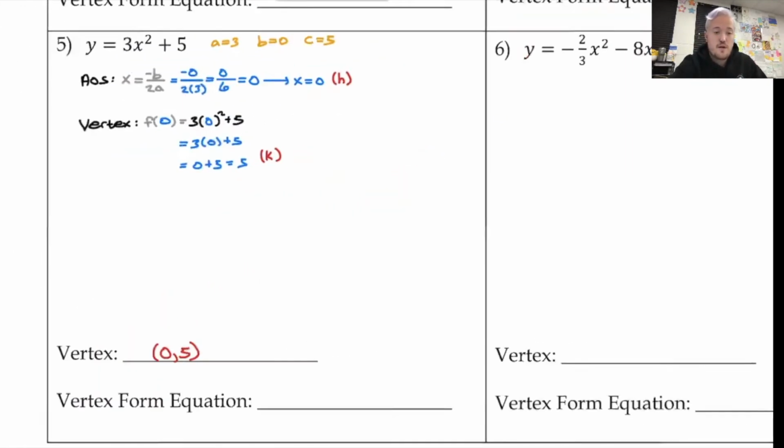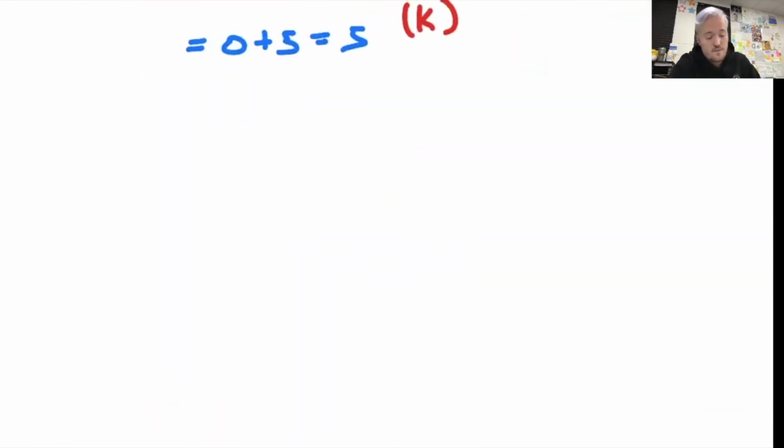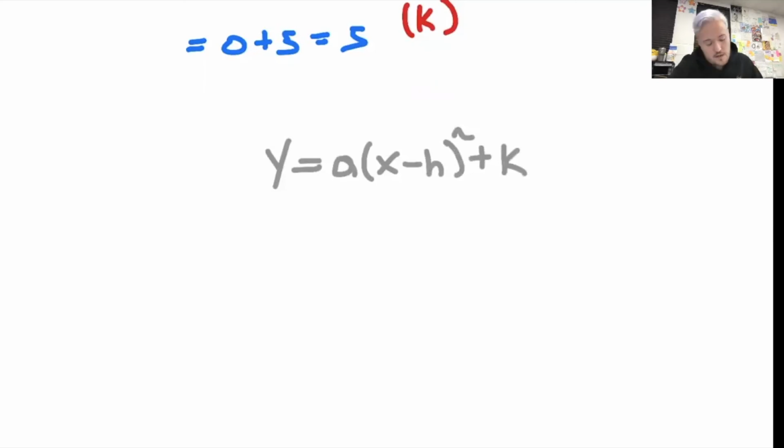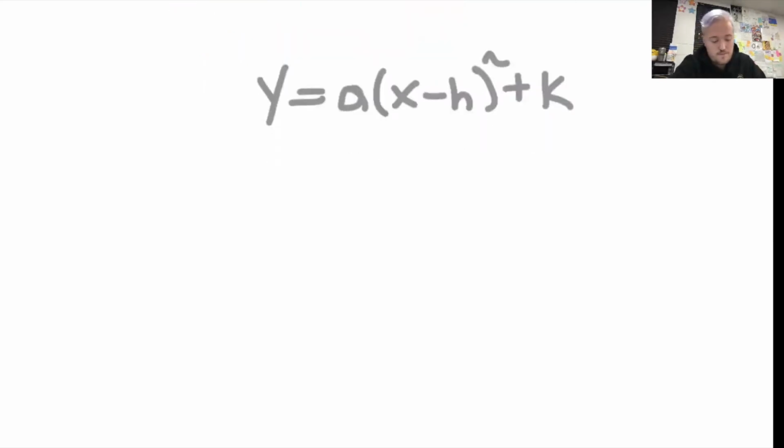So now we just want to write it in vertex form. Let's start with y equals a parentheses x minus h all squared plus k. As always, plug in your a, h, and k.